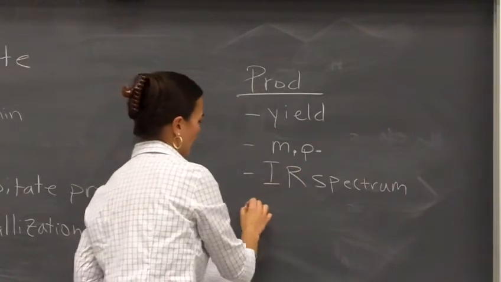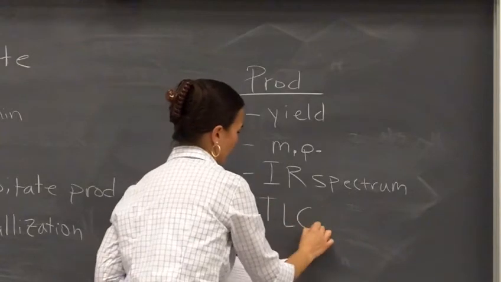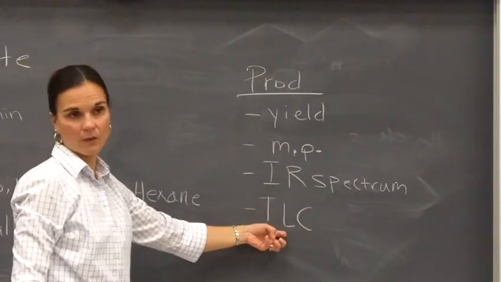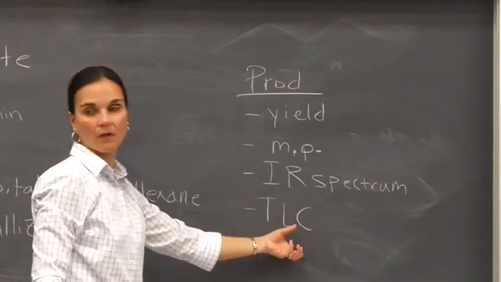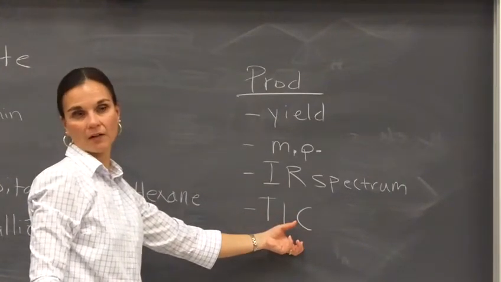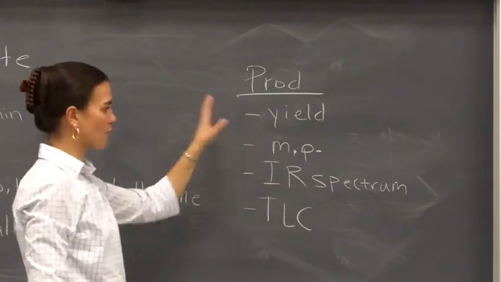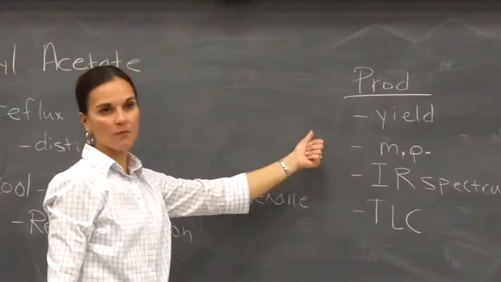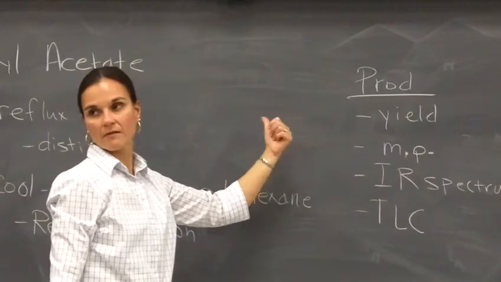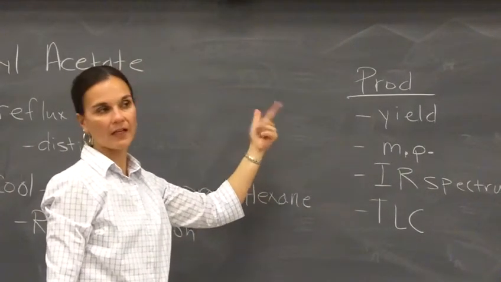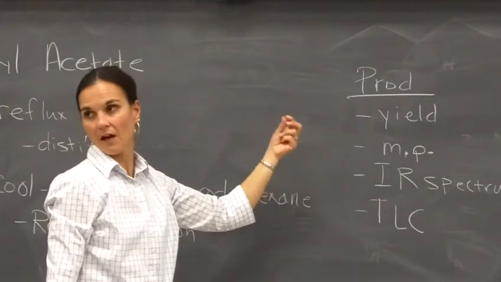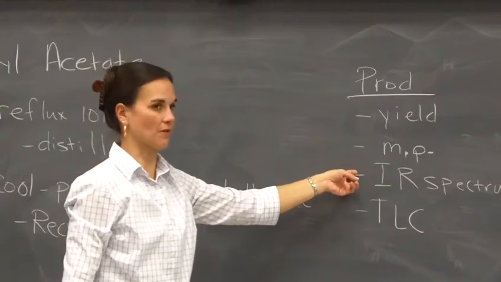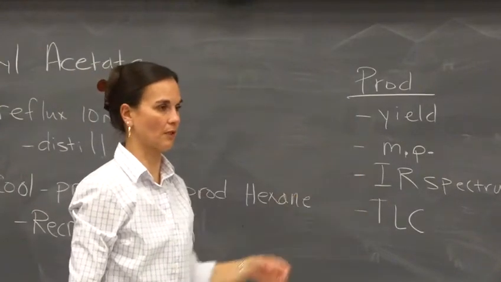And then you're going to be TLCing that last, we're going to talk here in a minute about TLC and what that means, but you're going to want a TLC of that last product, what it looks like, okay? So you want those four things of your product. As far as the IR, on Moodle, there will be cyclopentadiene, N-phenylmaleimide, and the product IR spectra up on Moodle for you to make comparisons to. Okay, when you get to that.